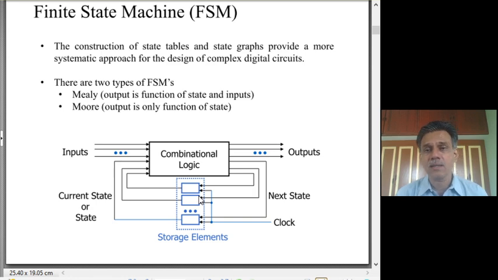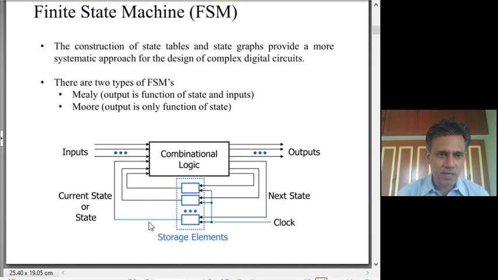Because these are synchronous machines, their operations are always synchronized by a clock. We have shown the clock here, and the same clock goes to all the flip-flops, hence they are synchronous. We will always talk about synchronous sequential circuits when we talk about FSMs. We don't talk about asynchronous machines. The next state which will get stored when a clock pulse transition comes is called the next state.